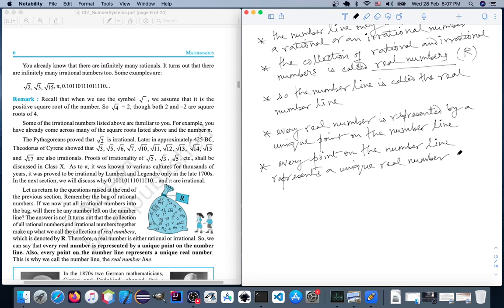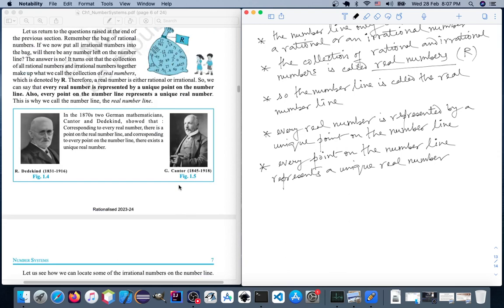These are two important points about the real number line and the real numbers. So let's proceed with the textbook.